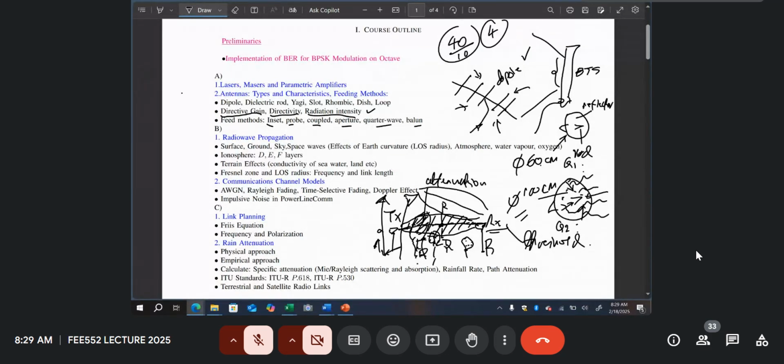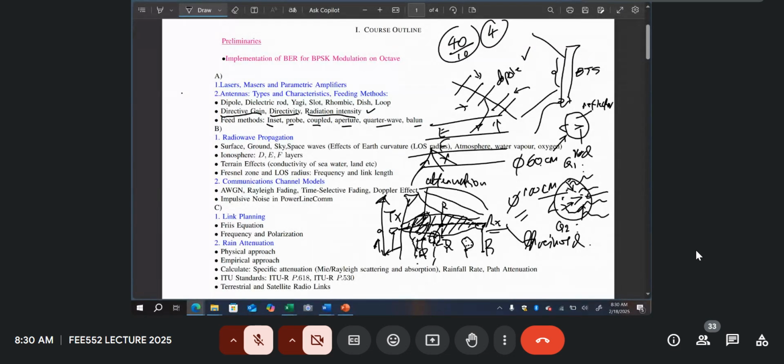You must understand the effects of transmitting near the ground, or in the sky on the space waves, because again, space waves have different concentrations of electrons. You could be in the E or F layer. There are different concentrations, and that affects how signals are transmitted back to the atmosphere.